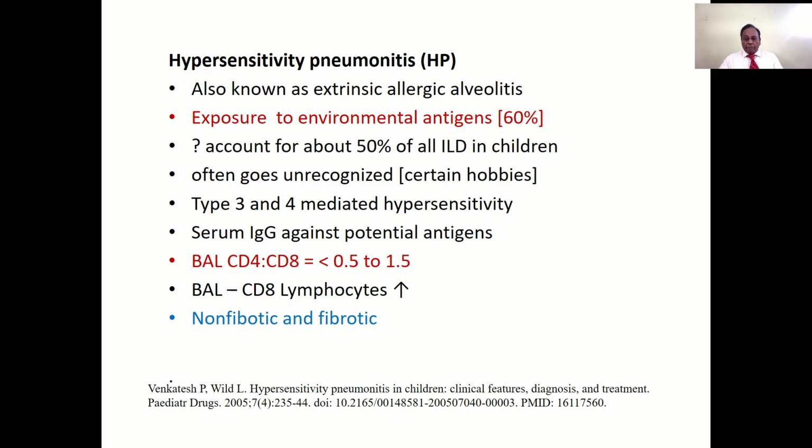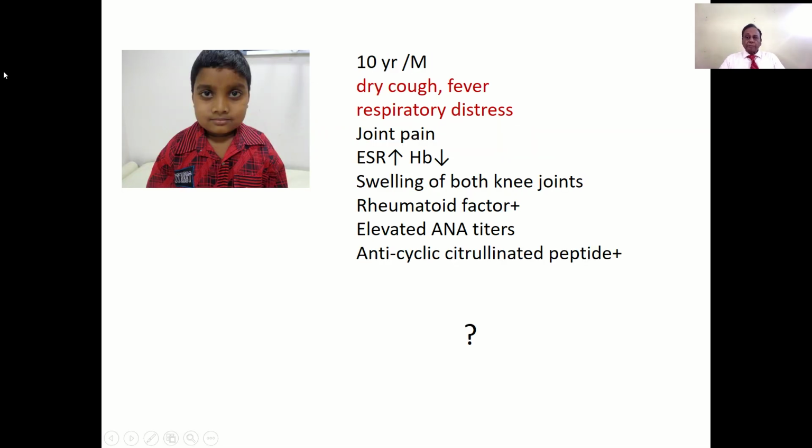So whenever a child presents with a chronic cough that doesn't fit into asthma, the cough is very typical, there is no typical wheeze, and the child is relatively normal at night, in such a situation we have to ask about exposure history, exposure to environmental allergens. And if you talk with the mother or parents, in at least 60% of the children you get the history. This is another condition that makes a child go on to ILD.